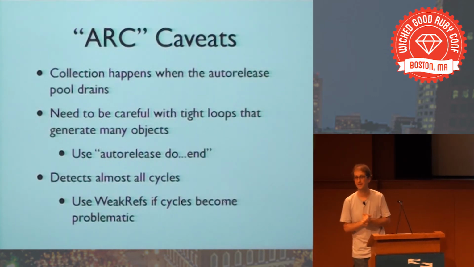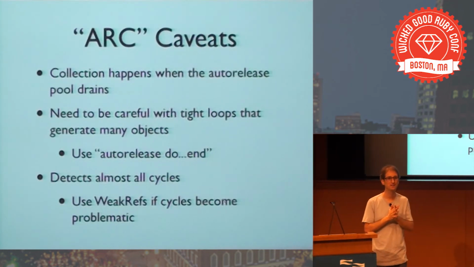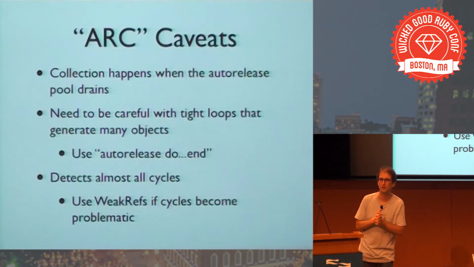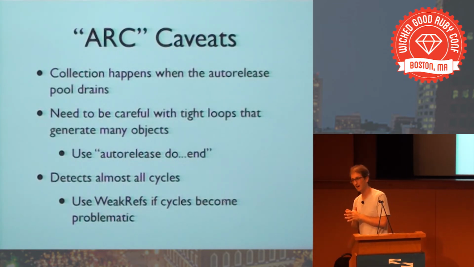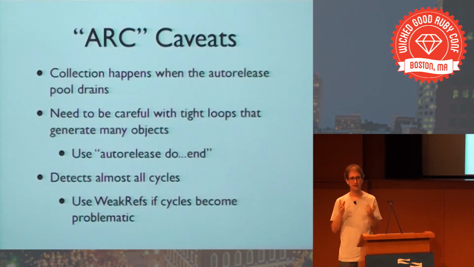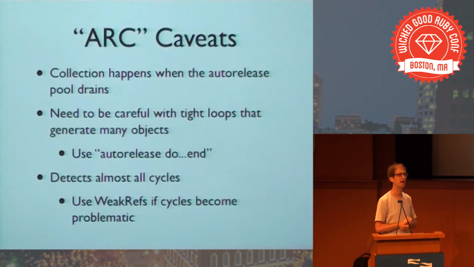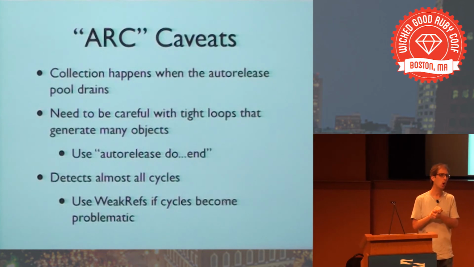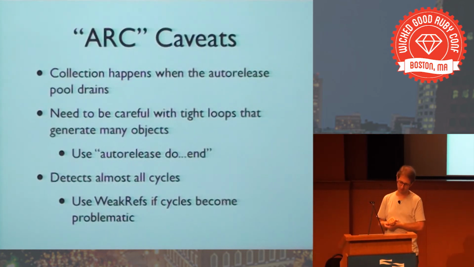More recently, the guys at HipByte have actually managed to get the automatic reference counting in RubyMotion to break those cycles. Now, if you are a student of computer science, you will probably recognize that automatically detecting all possible retain cycles is equivalent to solving the halting problem.